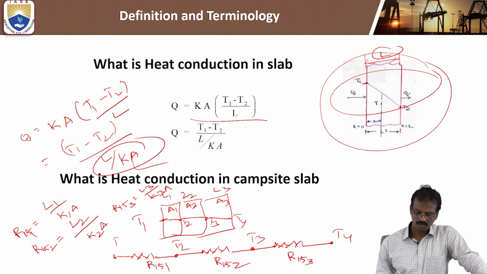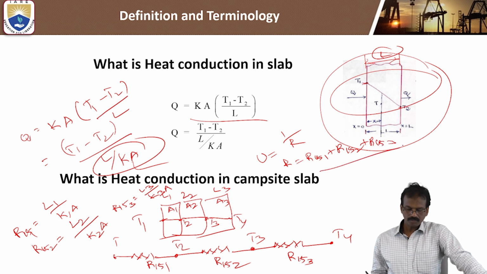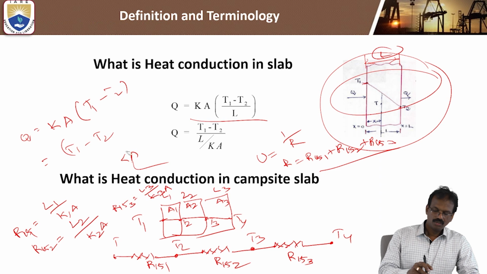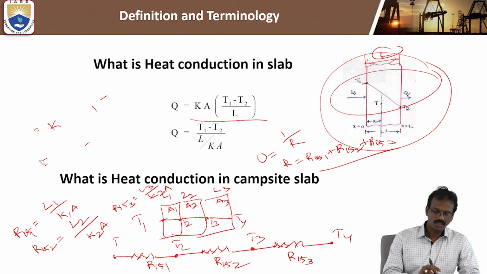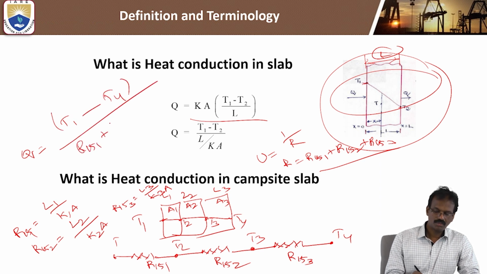So the overall heat transfer coefficient is equal to 1 by total R, where R is equal to RTH1 plus RTH2 plus RTH3. It means the final equation shows the heat conduction in the composite slab. This is the formula for the composite slab. For the composite slab, rate of heat transfer Q is equal to initial temperature minus final temperature, T1 minus T4, by RTH1 plus RTH2 plus RTH3.